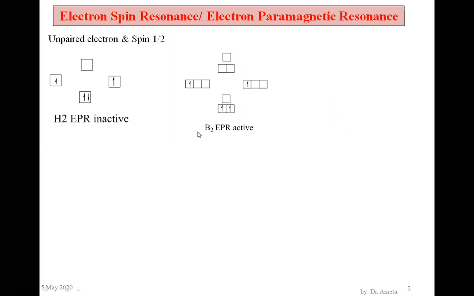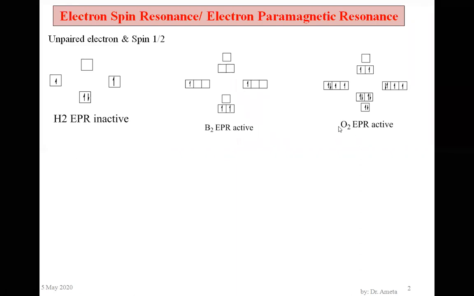And when we fill these 2 electrons in its molecular orbital energy diagram, we can fill like this, and according to the molecular orbital energy diagram, there are 2 unpaired electrons available with the B2 molecule. That's why it will be EPR active.